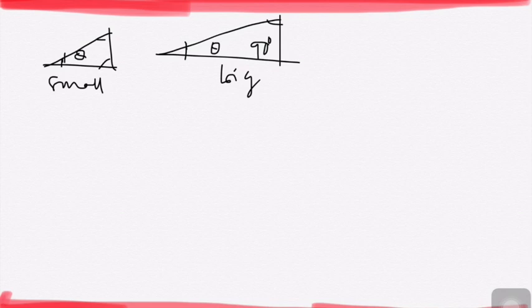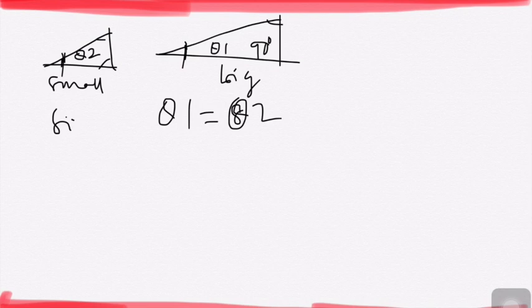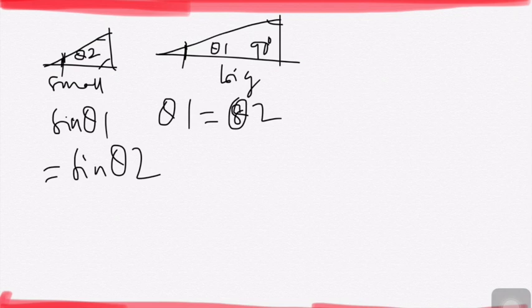In that case, even the values of the trigonometric ratios would remain the same if the angles of these triangles are the same. Let's say this is theta 1 and this is theta 2. If theta 1 equals theta 2, then we can say that sine theta 1 equals sine theta 2.